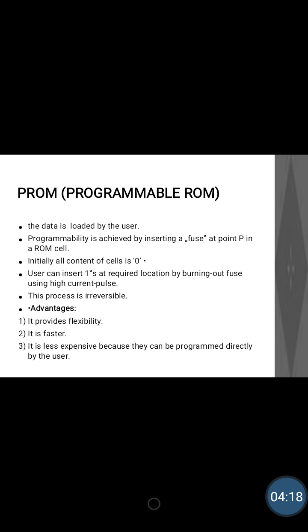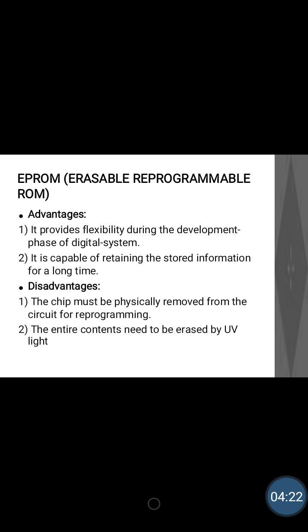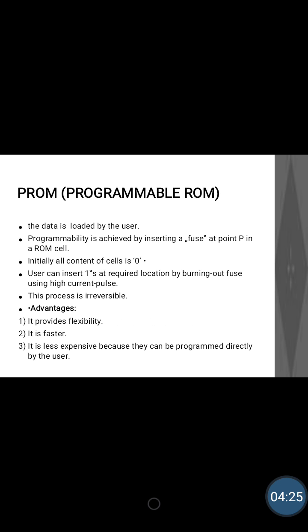How can T not be connected to the ground? T cannot be connected to the ground if the fuse is off, if it is burnt, and the transistor will not be connected to the ground. That's how the content of the bit will be taken as 1.